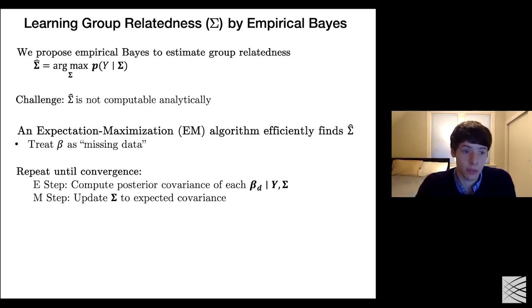Just super briefly, in the expectation step, we're looking at the posterior covariance for each of the beta Ds, given our current guess of what this matrix is and conditioned on the data as well. Then in the M step, the maximization step, we update sigma to match this estimated expected covariance and repeat this over and over again until we converge.